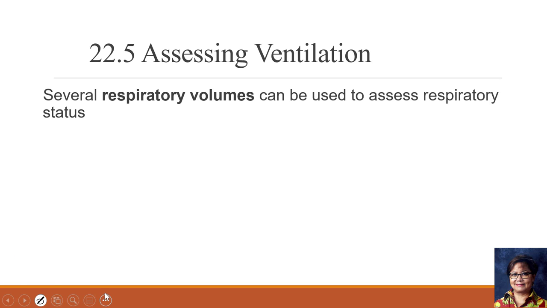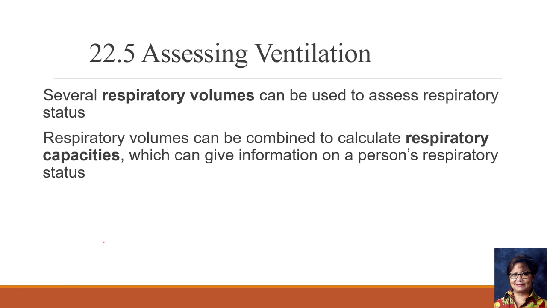Now, several respiratory volumes are used in order to assess how well we are breathing. The status is brought about by studying respiratory volumes, which can be combined to calculate capacities. Remember that volumes are just the amount of gas for a particular action of breathing, like inspiration or expiration, or silent breathing.